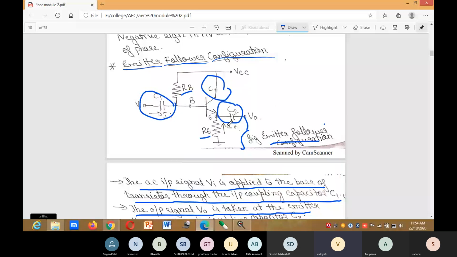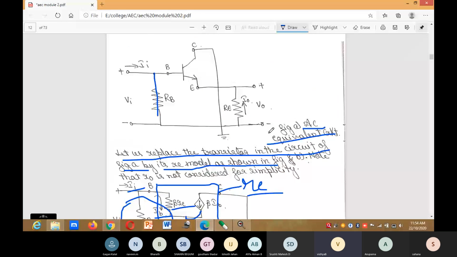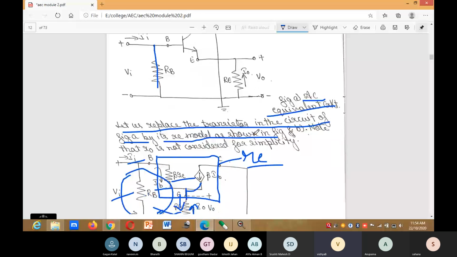What I explained while explaining BJT transistor modeling, you need to consider those steps and apply them here. After that, add the re model. After the AC equivalent circuit, you need to add the re model, then write the equations for input impedance, output impedance, voltage gain and current gain. Step by step you need to solve.